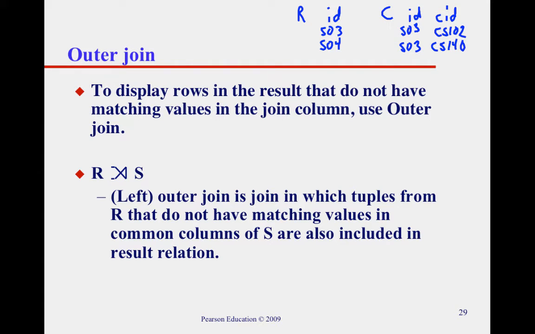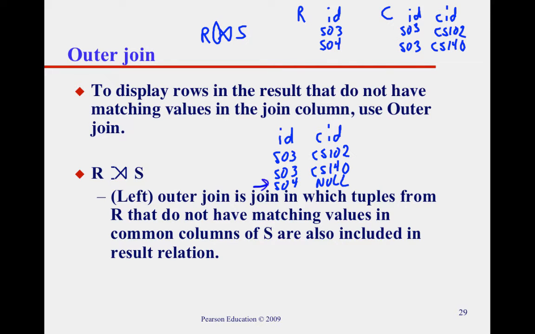And if I do a left join, which is what this symbol here, so the open part right here indicates it's a left outer join. The result of that is S03, course ID CS102, S03, CS140, S04, null.